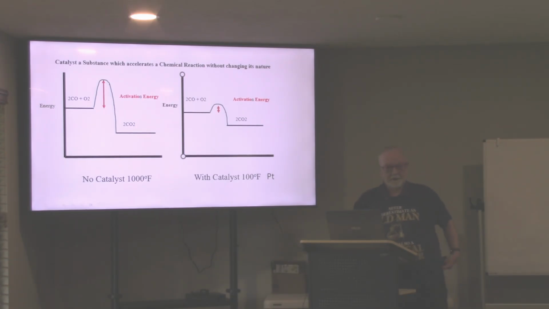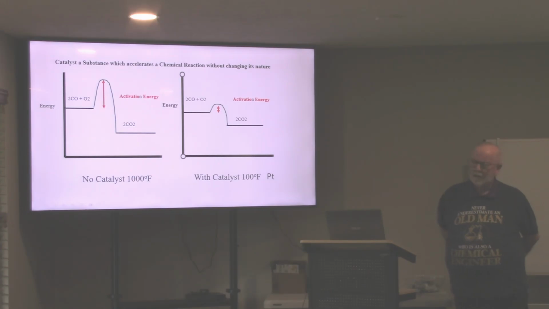Now here's an example of catalysis. If you have carbon monoxide and oxygen, you'd have to heat it to 1,000 degrees Fahrenheit to get it to burn. That activation energy is because it has to reach certain conditions before they can react.